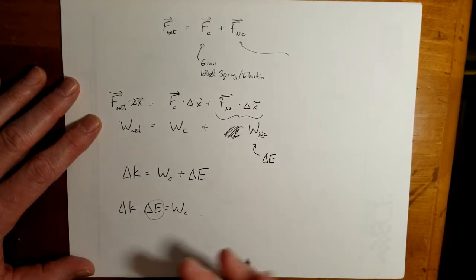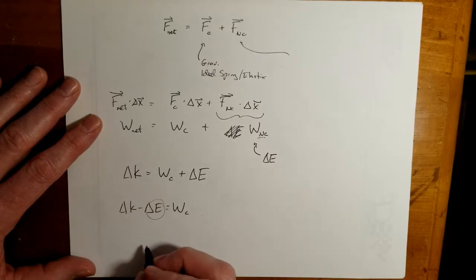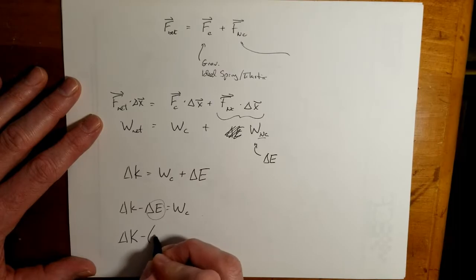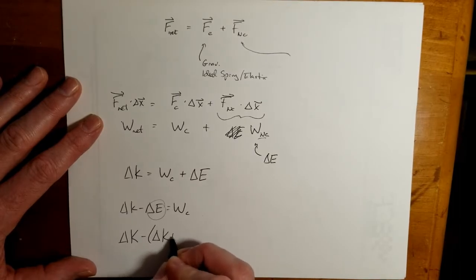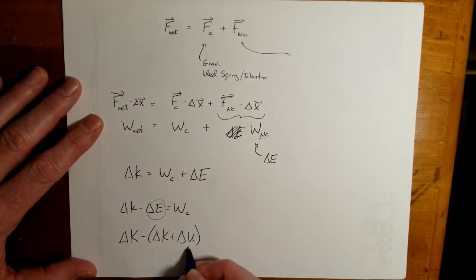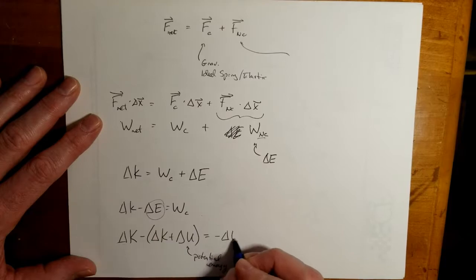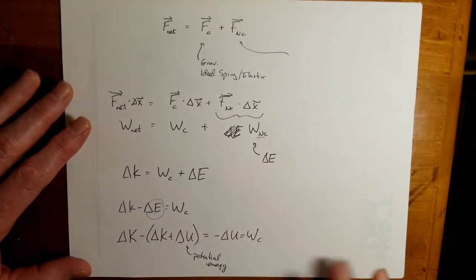Energy, we basically have two types in classical physics. There's potential and kinetic, so I have delta K minus delta K plus delta U. U is the symbol for potential energy. And delta K is going to cancel out. The minus sign will distribute, and so I end up with negative delta U is equal to work conservative.